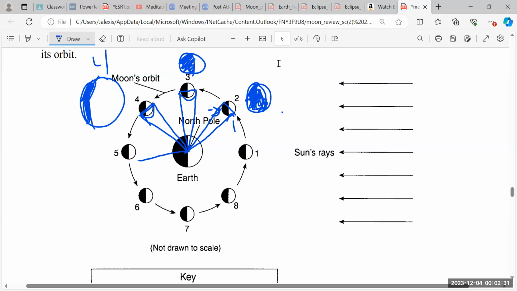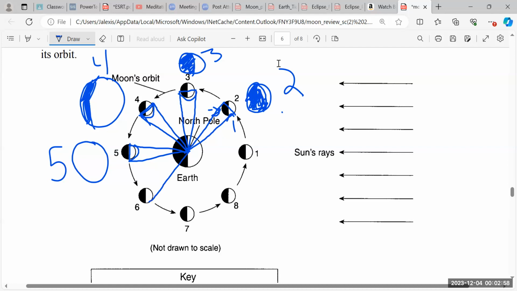I'm going to do the same technique here. Draw a straight line towards the edge of the circle. Here, all I see is white. That's my full moon. So position 5 is a full moon. Now for position 6, same thing.